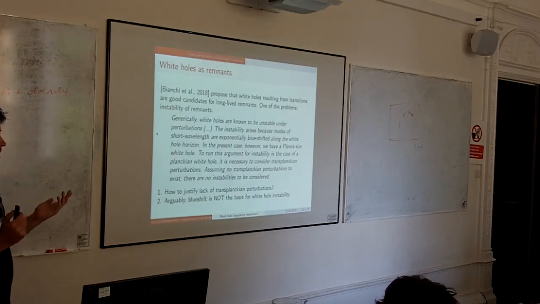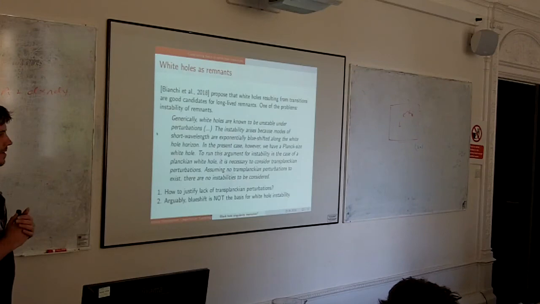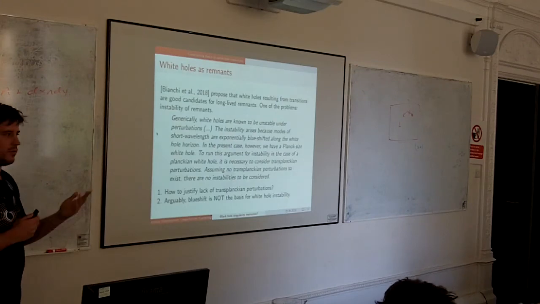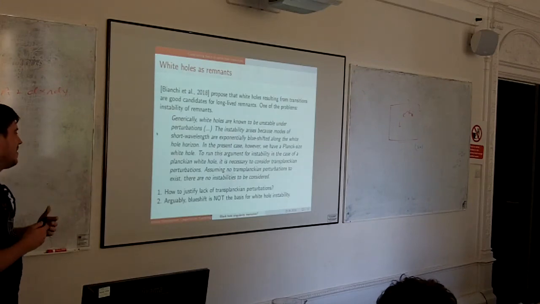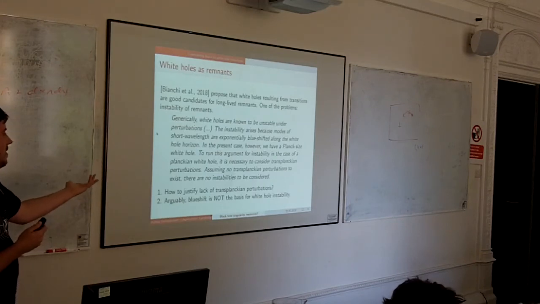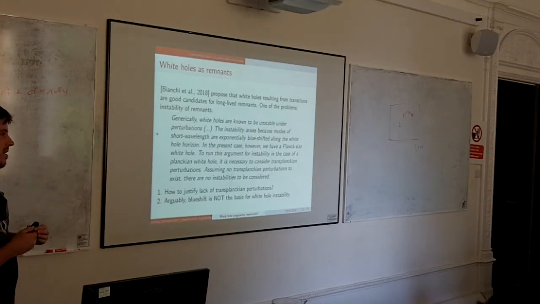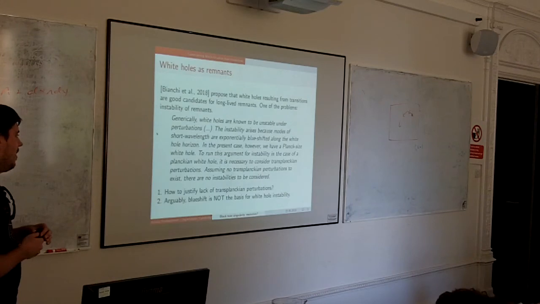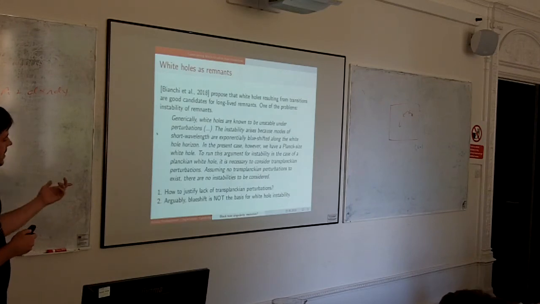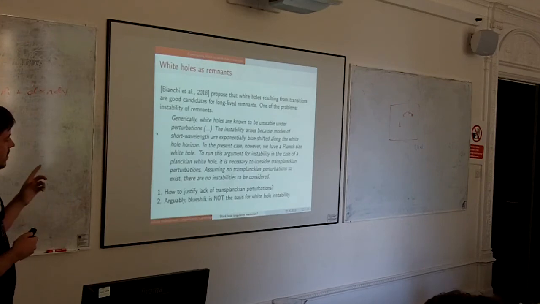Now, of course, your inner Bill Unruh gets worried at this point. What is a good reason to justify that there are no Transplanckian perturbations? And second, I think more importantly, is that arguably blue shift is not the basis for white hole instability.